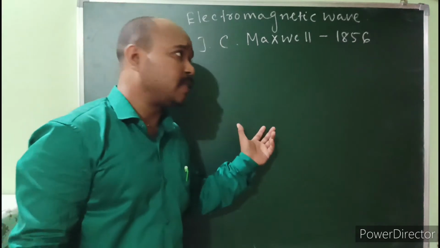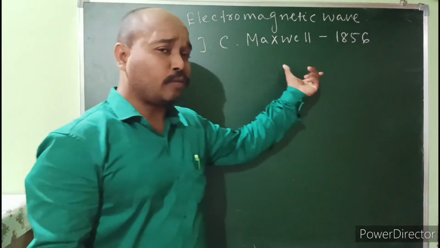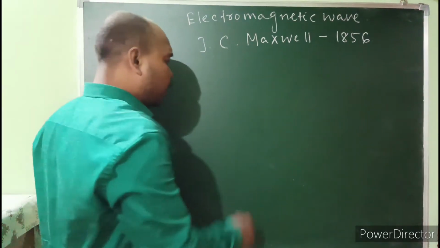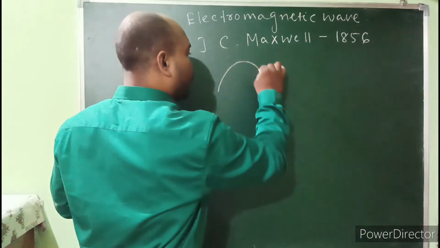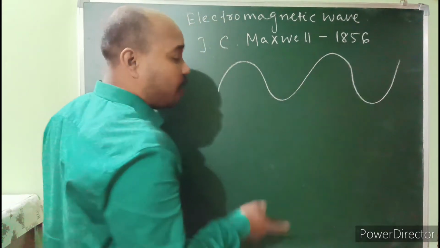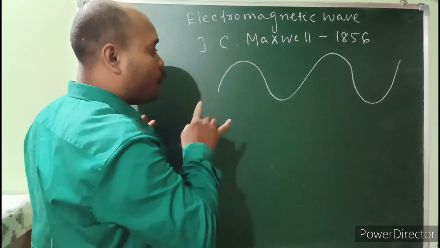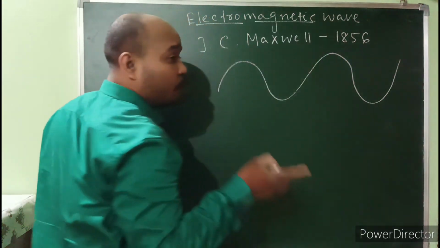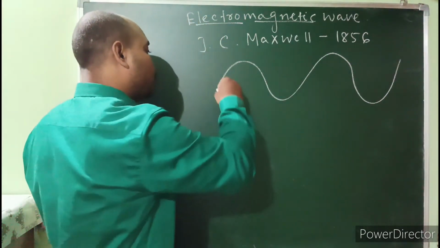Around 1856, James Clerk Maxwell gave the concept of the electromagnetic wave. He said that there is a wave-like structure that travels in wave form, and the electric field and magnetic field are perpendicular to each other.